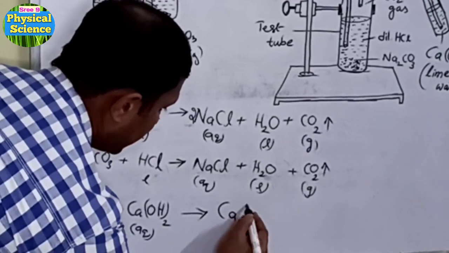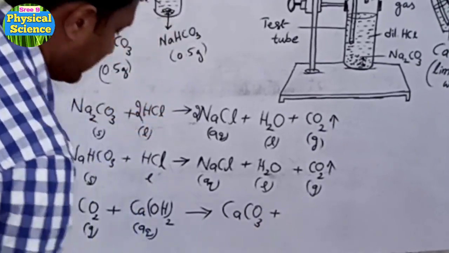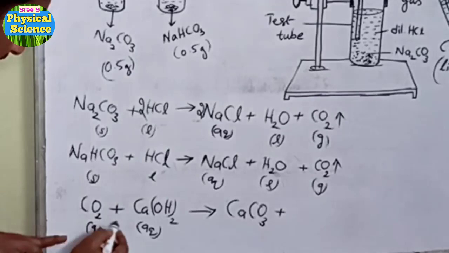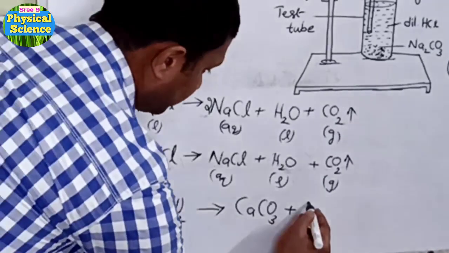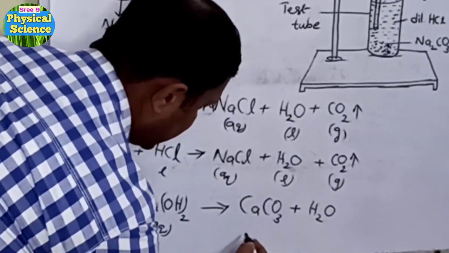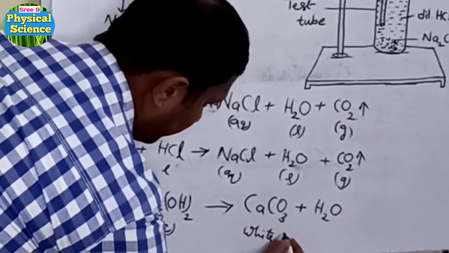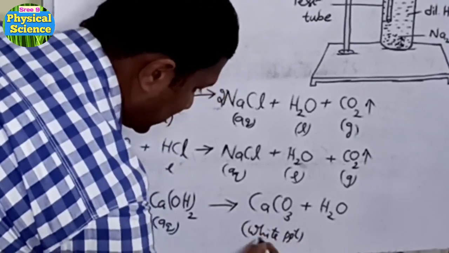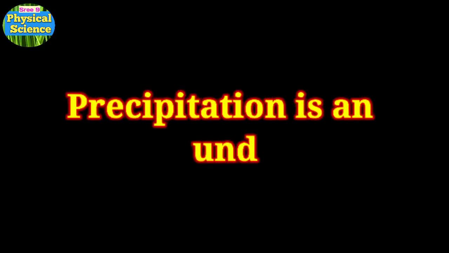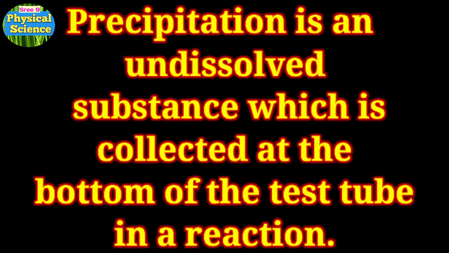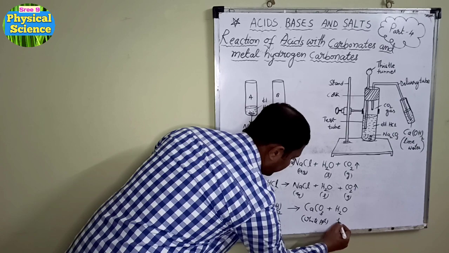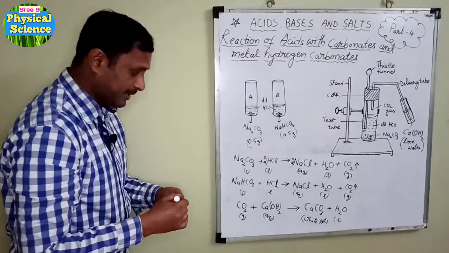So CaCO3 plus H2O. CaCO2 is there, one O comes here, CO3 gone, hence H2O. So this is white PPT. PPT means precipitate. And this is liquid. Okay.